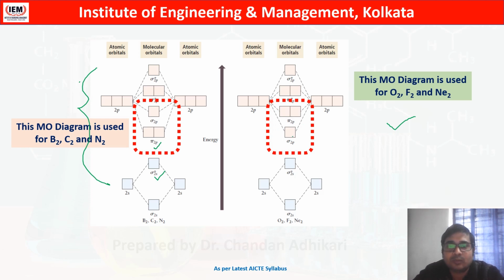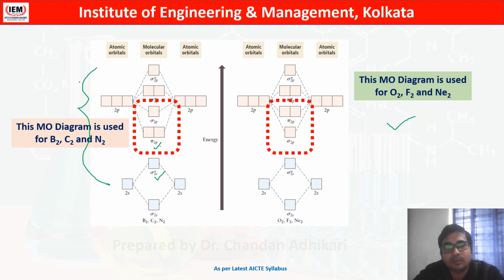So it is almost similar to the other molecular orbitals, but for boron, carbon and nitrogen this difference is observed, and the reason you need to remember is the sp interaction, that means the sigma star 2s and pi 2p interaction. Because of this sp interaction, the energy of the pi 2p molecular orbital is lower than sigma 2p.